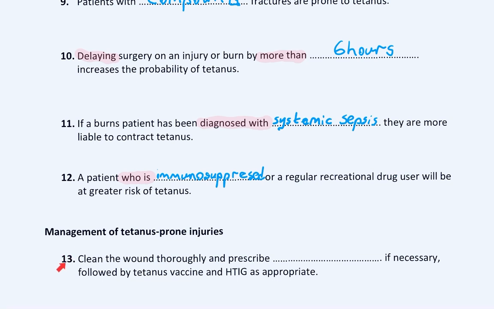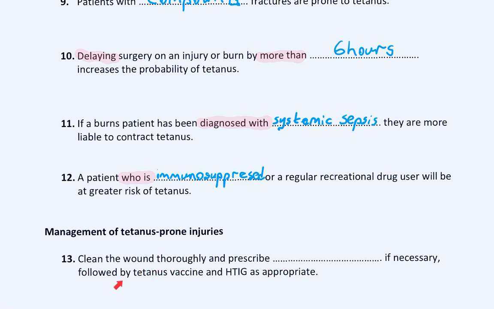All right, question 13, management of tetanus prone injuries. So this management alone should guide you to go to the right text, okay? We have cleaned the wound thoroughly and prescribe dash if necessary, followed by tetanus vaccine and HTIG as appropriate. So we are going to look for something that will help us go to the right text.